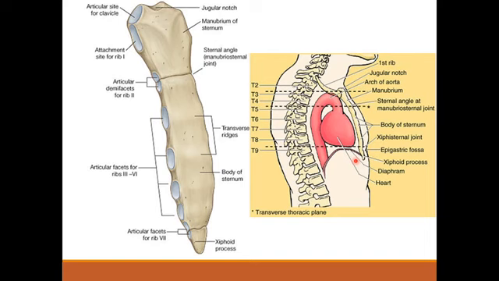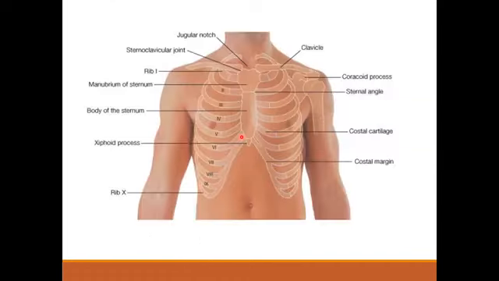So you can see from this picture that the sternum anteriorly is much shorter than the thoracic part of the vertebral column posteriorly. And this will cause us a problem now with the ribs when we want to make the articulation.